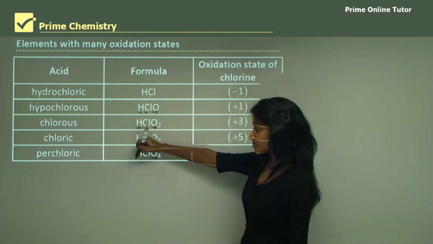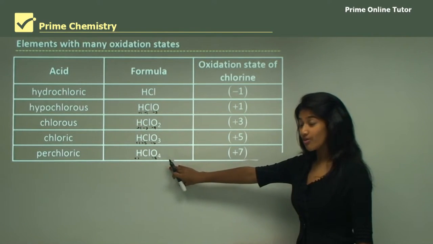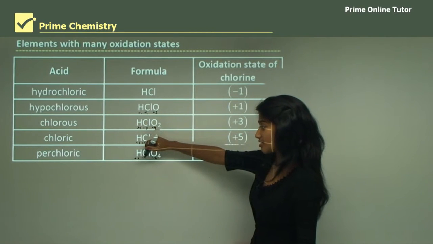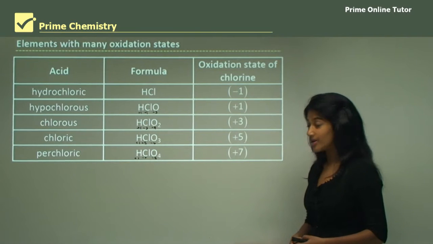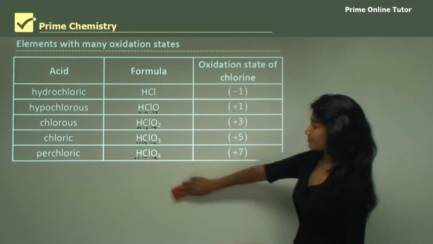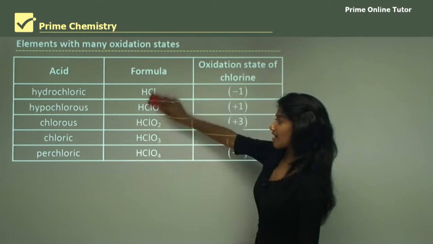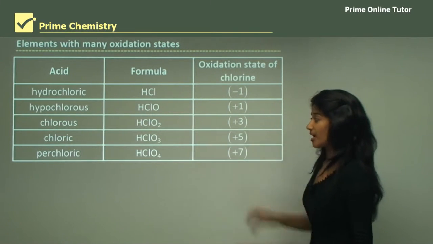Then the hydrogen has +1. To make the whole thing equal 0, you have to have +7, and that +7 goes towards the chlorine. So chlorine has an oxidation state of +7. That's how you would work out the oxidation state of any atom in a compound.